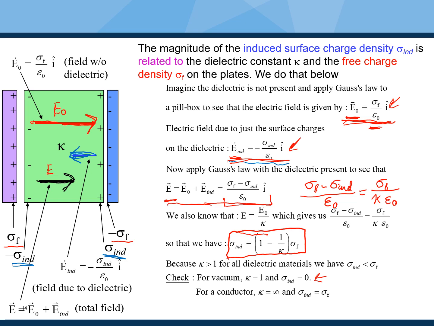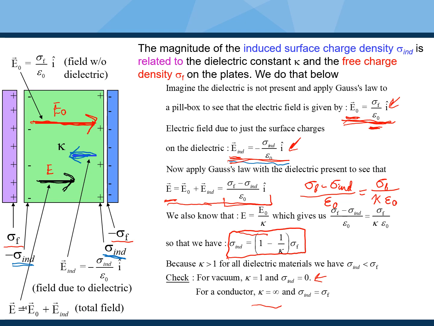When you have a conductor though, assume if you like that this dielectric slab were not a dielectric slab but a conductor, then for conductors, kappa is equal to infinity. Therefore, 1 over kappa is equal to 0, and that tells you that the induced surface charge density sigma induced is equal to sigma f.